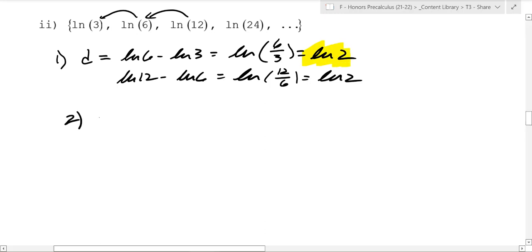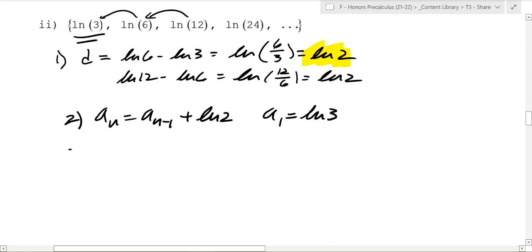Next, we need to find the recursive definition, and that's just going to be the last term, a(n-1), plus the common difference, ln 2, where the first term we need to give is ln 3. That's where it starts. That's how it's defined. And then for the explicit definition, an is going to be ln 3, the first term, plus the common difference times n minus 1.